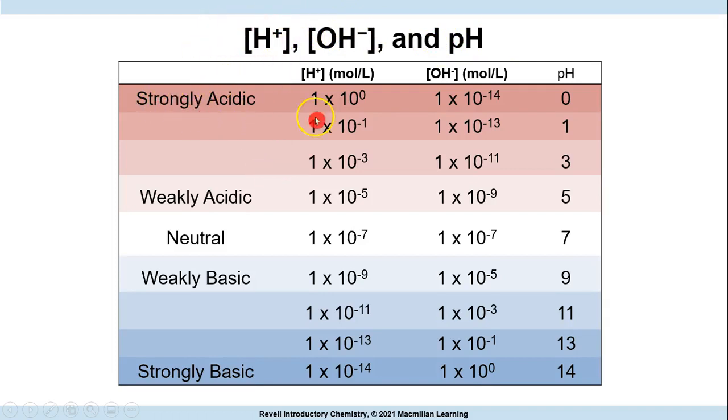If you have a hydrogen ion concentration of 1 times 10 to the 0, your pH value will be 0. If you have 1 times 10 to the power minus 1, your pH value will be 1. If you have 1 times 10 to the power minus 3, your pH value will be 3. And remember, the product of the hydrogen ion concentration and the hydroxide ion concentration must always be 1 times 10 raised to the power minus 14.